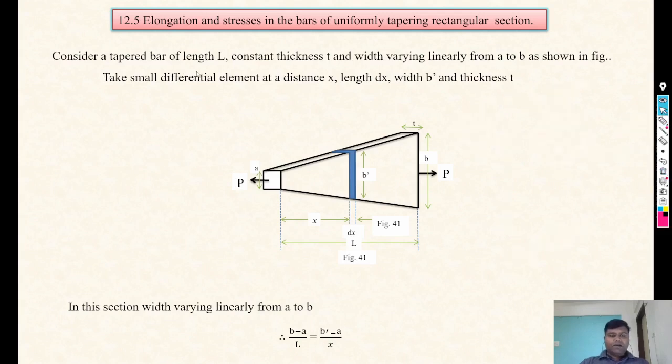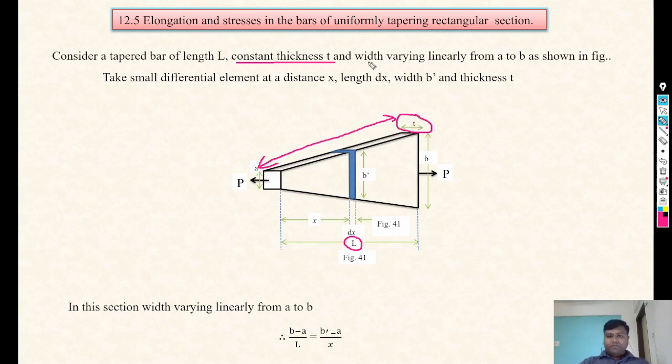Consider a taper bar of length L, constant thickness t, and width varying linearly from a to b, as shown in the diagram. First we are considering the length of the tapering bar is L. Then constant thickness t, from the first end to the other end, the thickness of the bar is t.